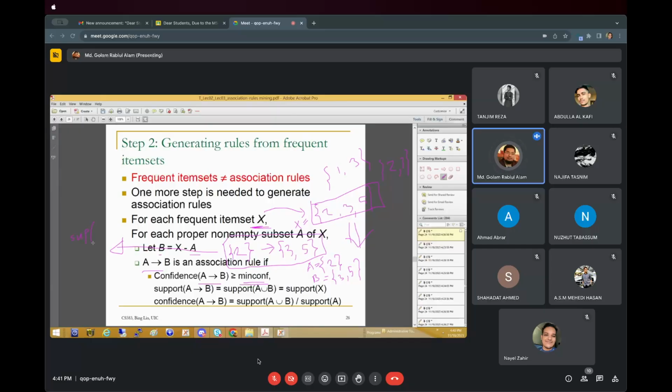A union B, divided by the support of the left-hand side, which in our case is A. So the support of A union B is the support of 2 3 5.